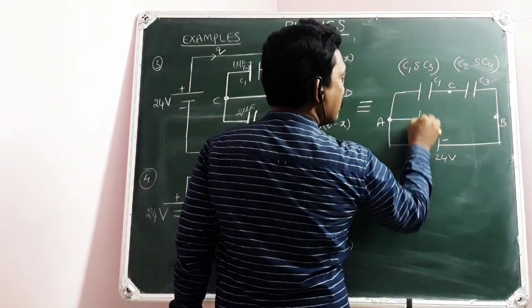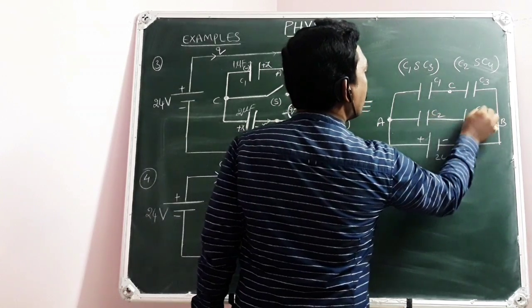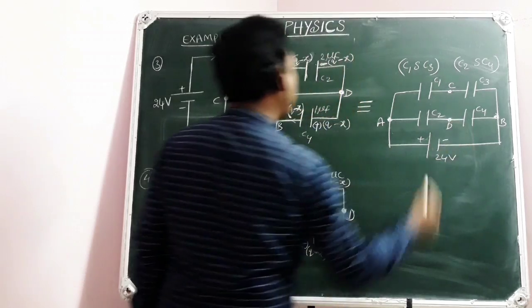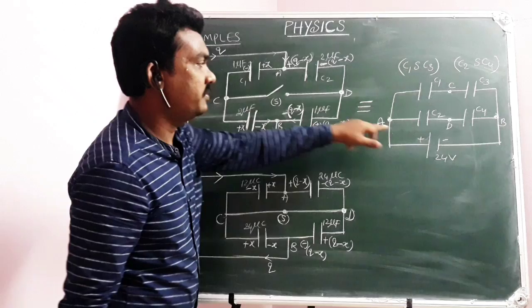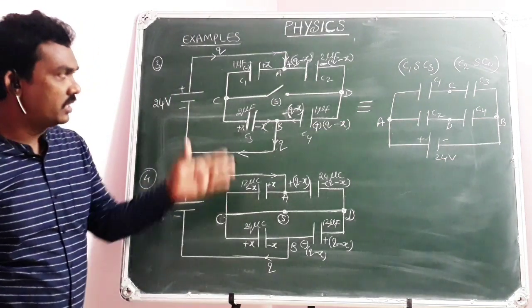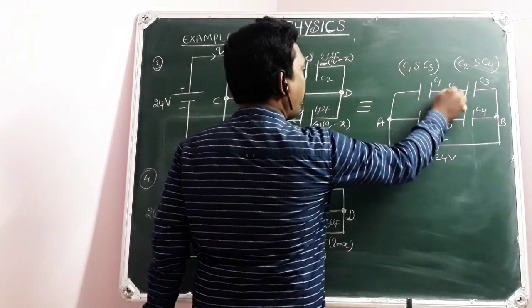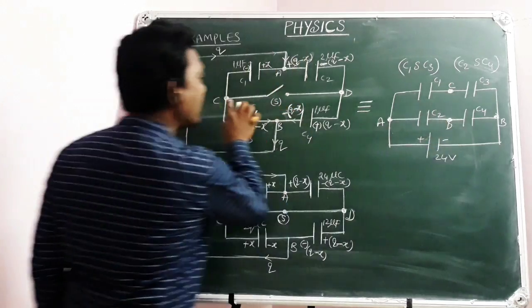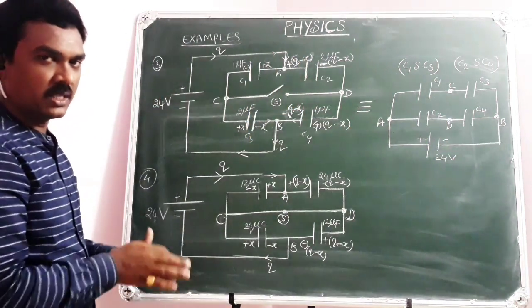So this is how C2 and C4 are connected. That is how the situation will be. Between C and D, there is a switch which is open. So no connection between C and D. The switch is open. No closed path. It's an open path.